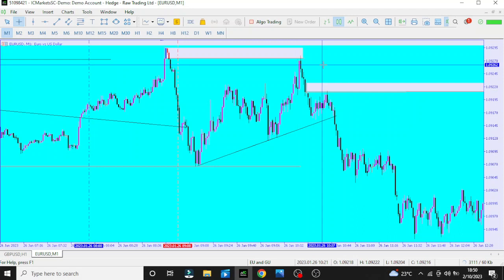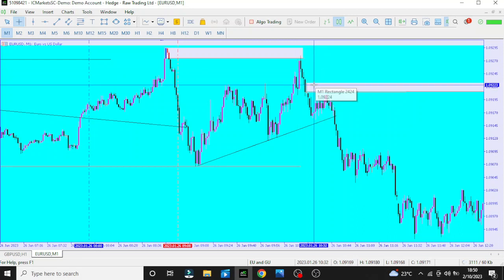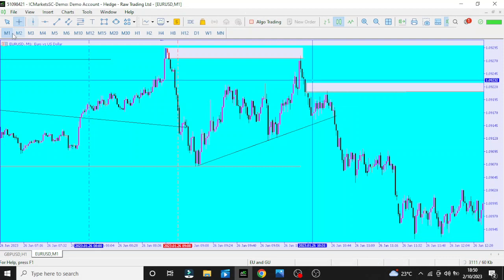You see, there was no imbalance left unmitigated. Even this supply, this one, was mitigated by this wick, and the price went on to break this internal structure. The reason why I took this entry is because I was guided by the liquidity below, and also from a high time frame perspective.